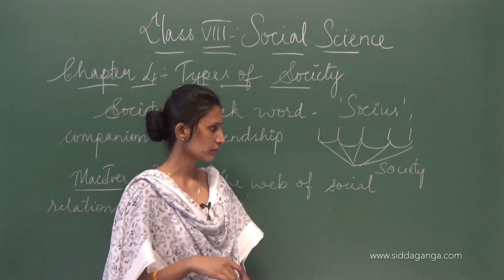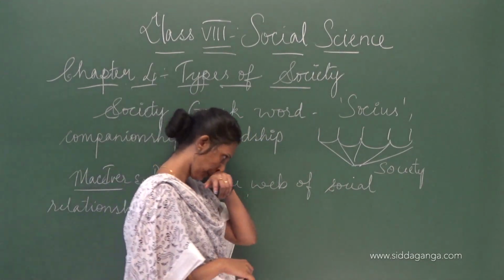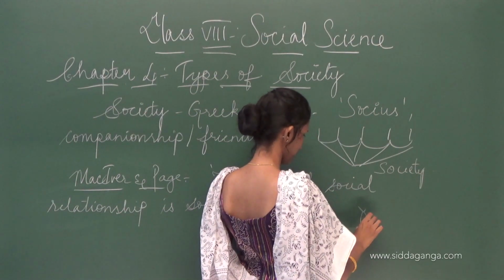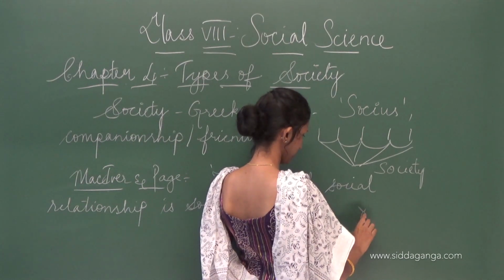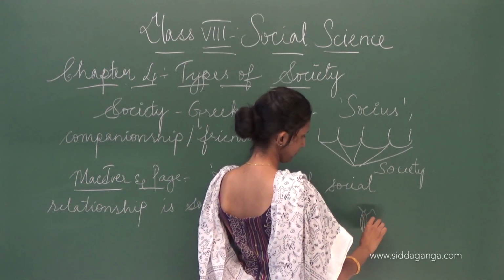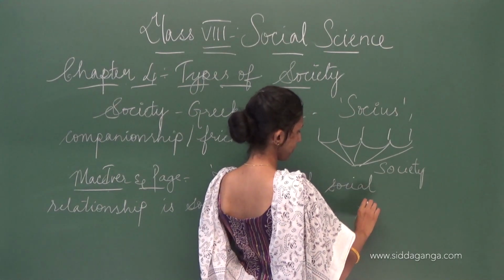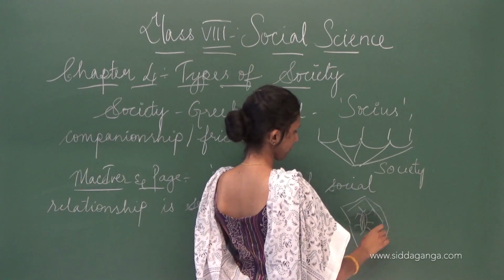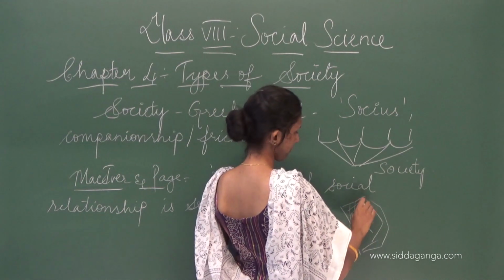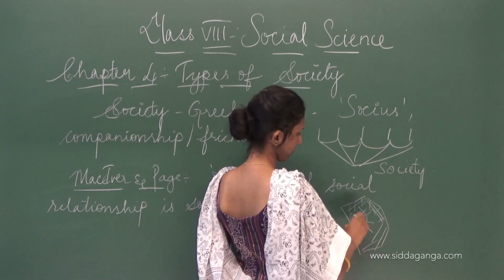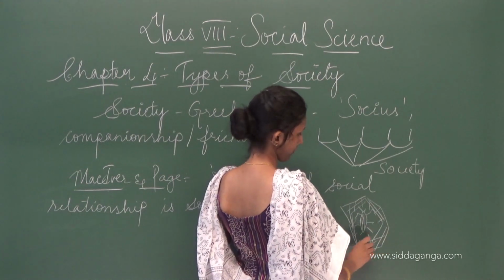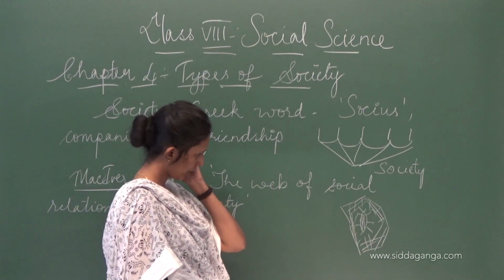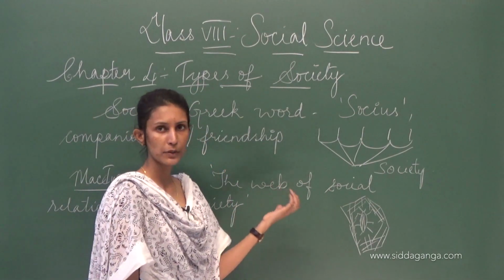What is a web? Have you seen a cobweb? Now here, understand it in this way. The web of social relationships is society.